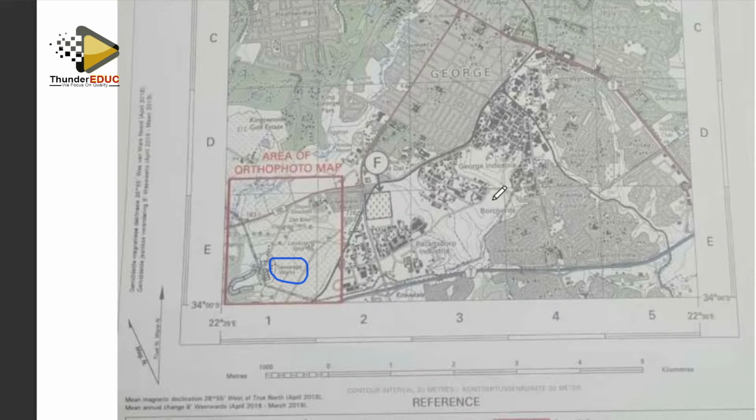Number two, look at the nature of the contour lines. They are not so close to each other, which makes this place flat, and if it is flat, it is suitable for the construction of industries. Number three, this is an area surrounded by built up areas, meaning there are people around the industrial zone that can provide labor to the industries here. So the availability of cheap labor from the nearby built up areas.